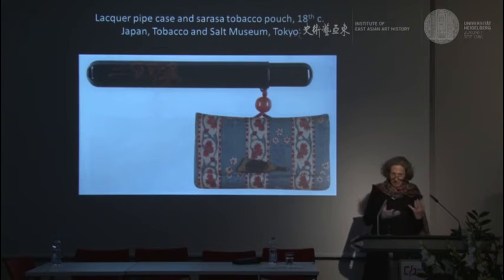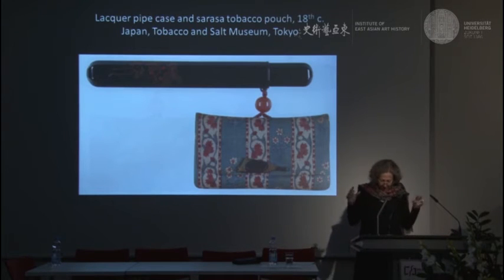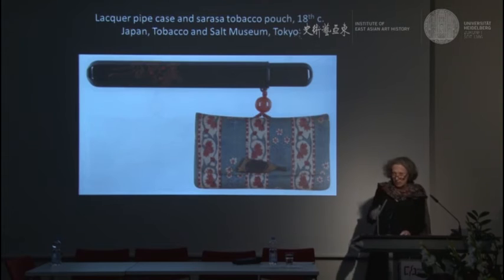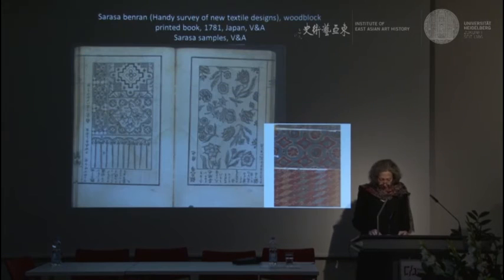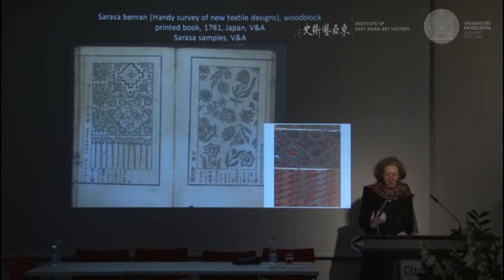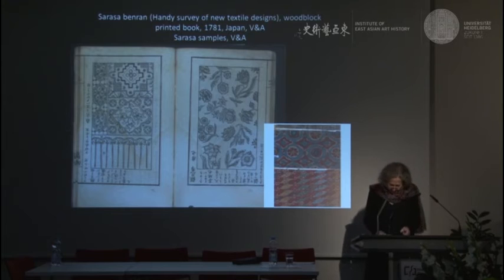So again, how can you talk about these in terms of a single national origin? The inclusion of sarasa patterns and samples in many popular printed books and collections of treasured fabrics speaks to their hold on the Japanese imagination. Or I should say the imagination in Japan, since I'm trying to get away from the sort of nation-state language.